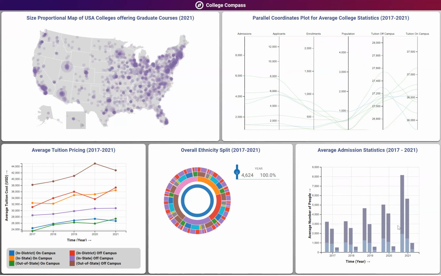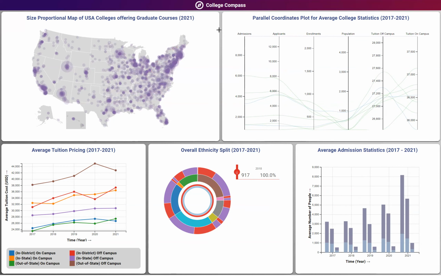And we can see the different split between the different ethnicity backgrounds again for this data. We can see fairly clearly the difference in the average tuition pricing now, as these were not really evident before. We can see all the different lines for it.